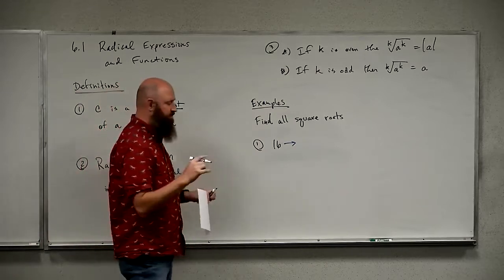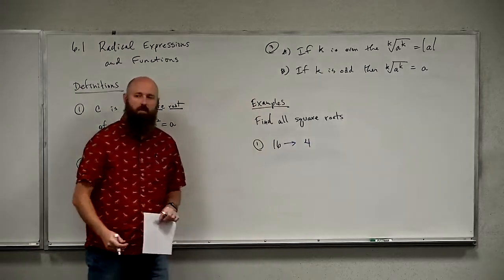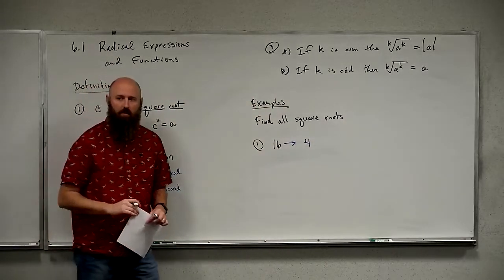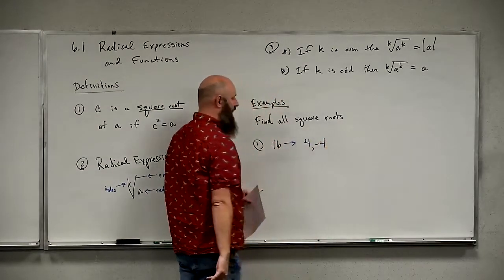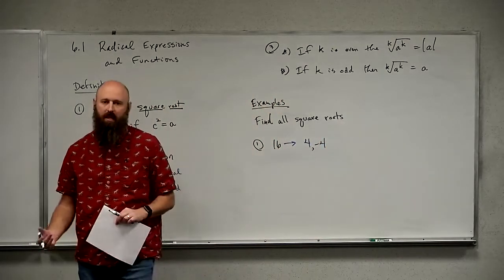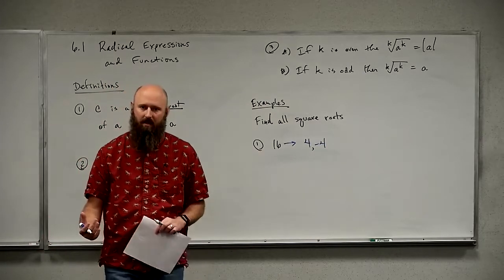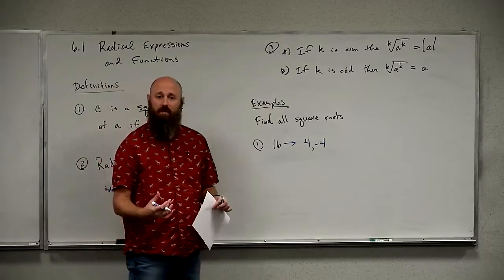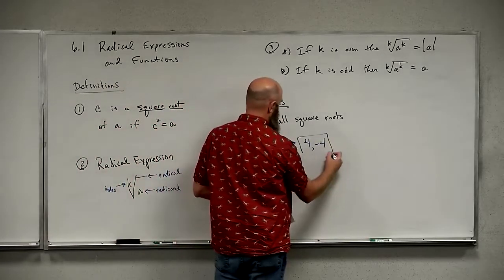And the obvious one is 4. Okay, most people can say 4 times 4 does equal a positive 16. But we actually have a second one, and that is negative 4. Negative 4 times negative 4 gives me a positive 16. So therefore, negative 4 is a square root of 16 for those.